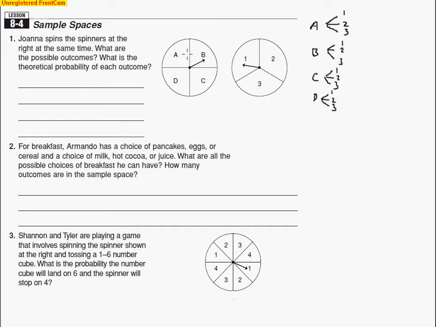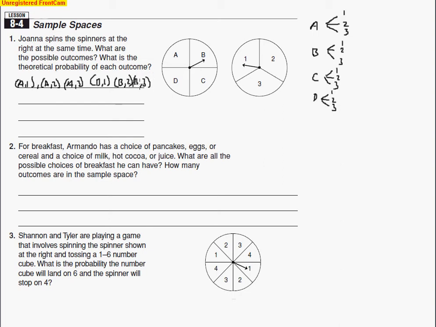And so those are all the different outcomes, and they want us to list those. So a way to list them would just be to write down A, comma 1, A, comma 2, and A, comma 3. That would be one set. And then I also have the B, comma 1, the B, comma 2, and the B, comma 3.